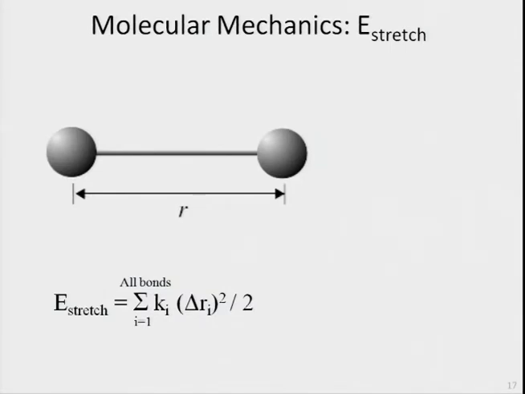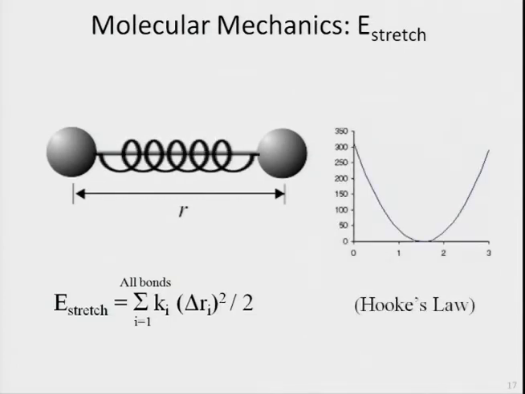So what would be a good way of representing the force between these 2 atoms? A spring, very good. So let's put a spring in between the 2, and we can measure the distance between the 2.